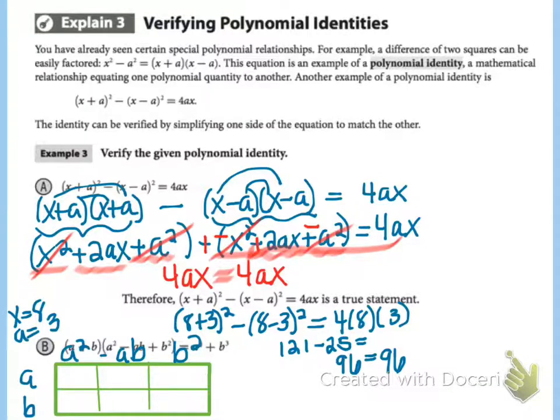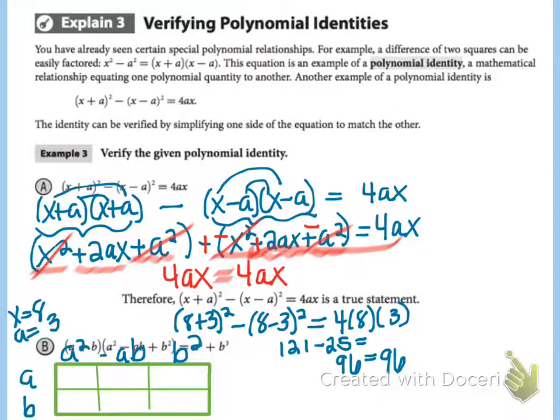I'm going to multiply and see if it turns out to be a cubed plus b cubed, because they're saying that is the case. Actually, this is going to be a factoring pattern we're going to learn in just a few lessons from now. In fact, if you have a sum of two perfect cubes, you can factor it in this way. So hopefully you'll remember this when we come back to it.